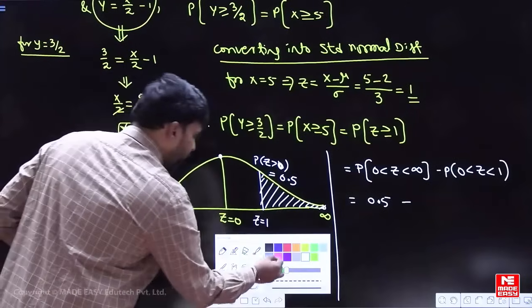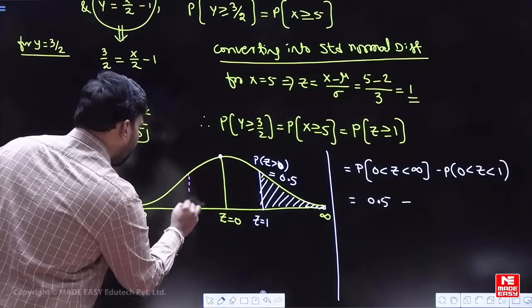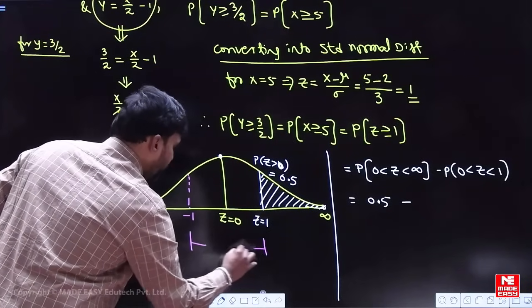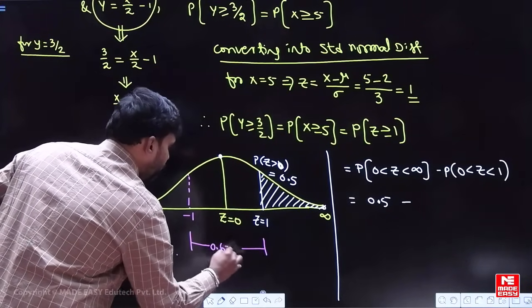Dear students, you might know that the area under this curve from minus 1 to 1 is 0.6824.